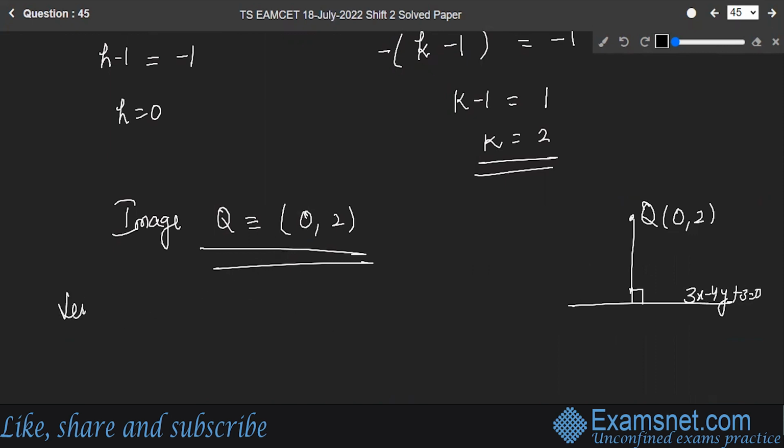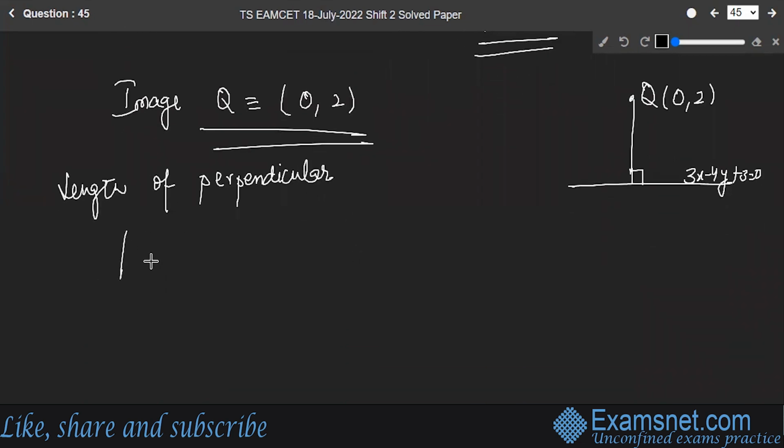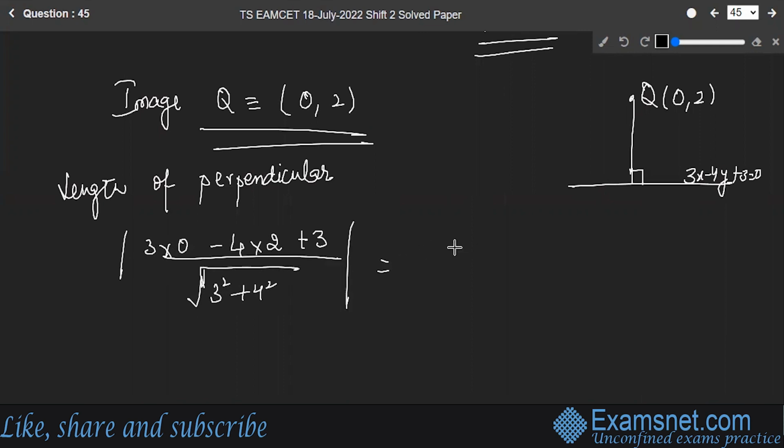So the length of perpendicular is given by mod of 3 into 0 minus 4 into 2 plus 3 whole divided by root of 3 square and 4 square, mod.